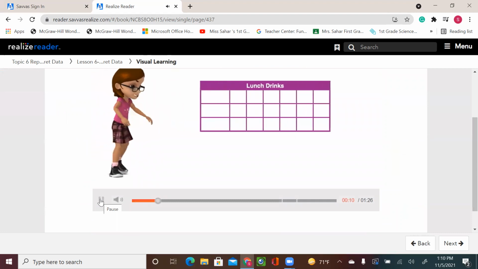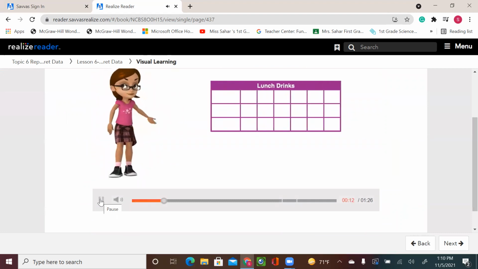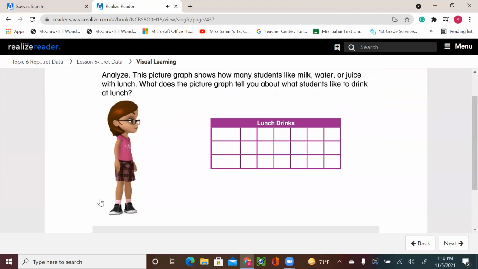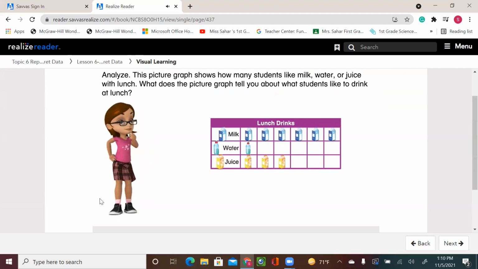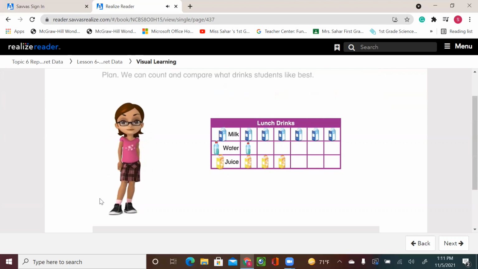Information you collect is called data. A picture graph uses pictures to show data. Analyze. This picture graph shows how many students like milk, water, or juice with lunch. What does the picture graph tell you about what students like to drink at lunch? Plan. We can count and compare what drinks students like best.